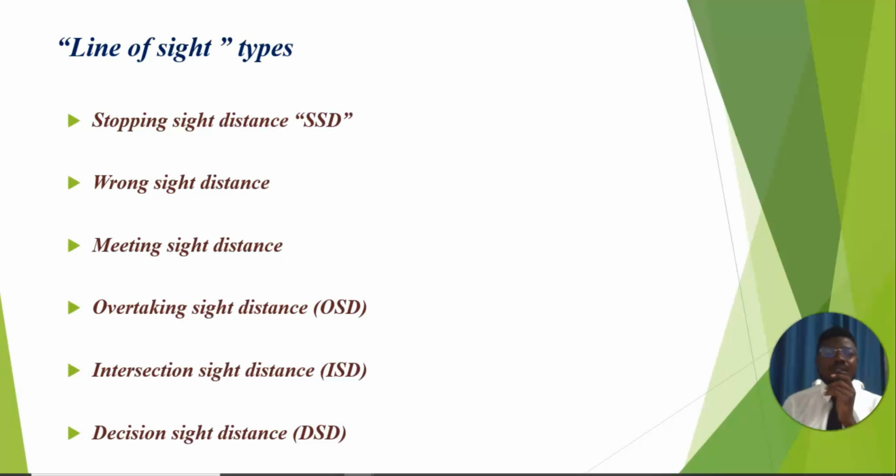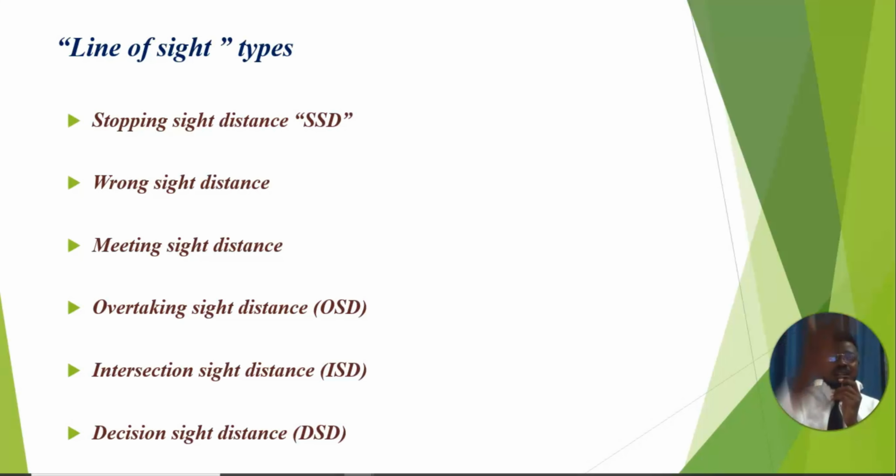Then the second one is the wrong sight distance. To understand this wrong side distance, we need to look at a scenario. There are some roads that have two lanes, maybe as a result of low traffic density on that road. So we see in some cases where we have incoming vehicles and another vehicle going in the opposite direction. So rather than most of those vehicles staying on their lane, we see some of them moving in the middle of the road.